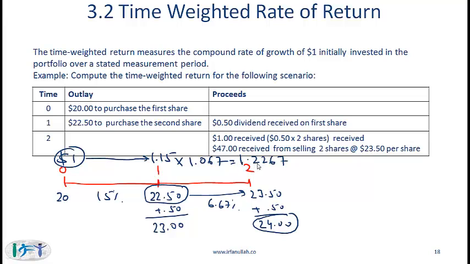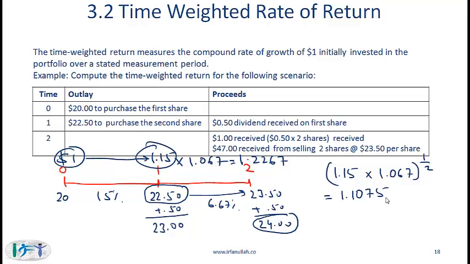And the number we will get is 1.2267. But we need to say what the growth rate has been on average each year. For that, we need to compute the geometric mean. And we do that by multiplying 1.15 by 1.067, and then raising it to the power of 1 over 2 because we have 2 periods, and we get 1.1075.